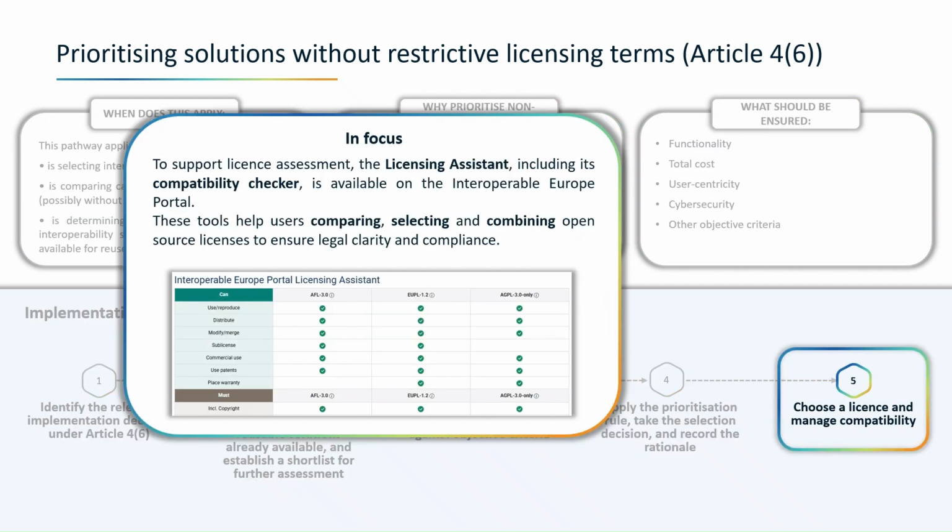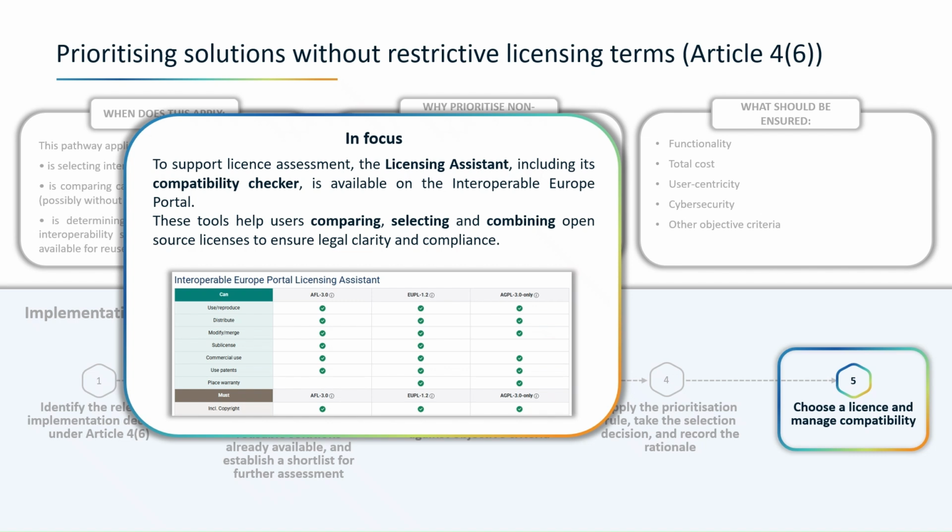To underline with a practical example for the final step, choosing a license and managing compatibility, the guidelines also point to practical support tools available through the Interoperable Europe portal. One of these is the licensing assistant, including its compatibility checker. This tool is intended to support users when comparing, selecting, and combining open source licenses.